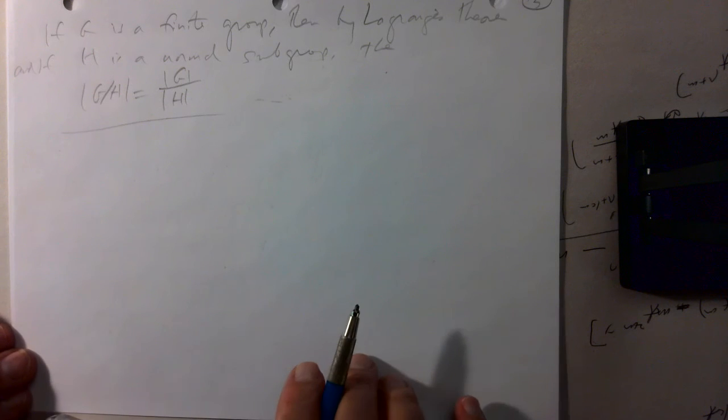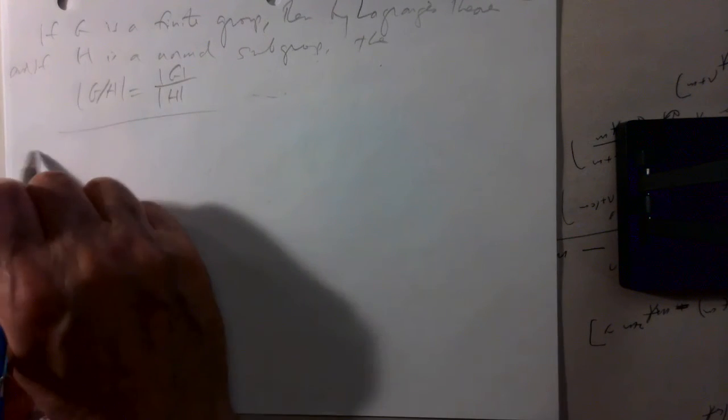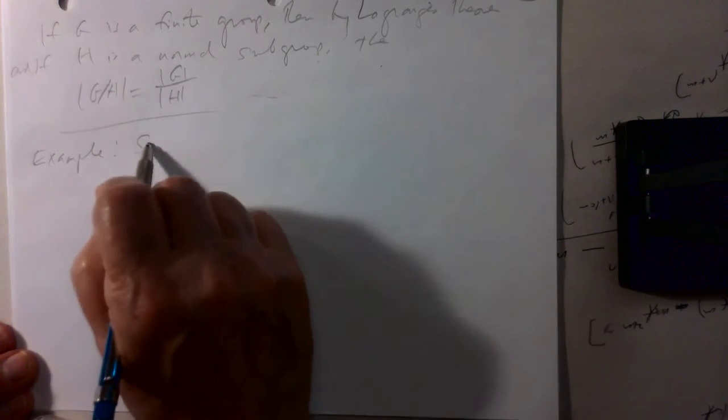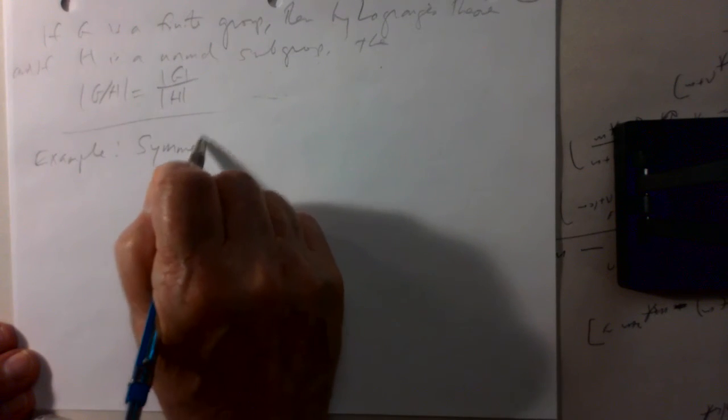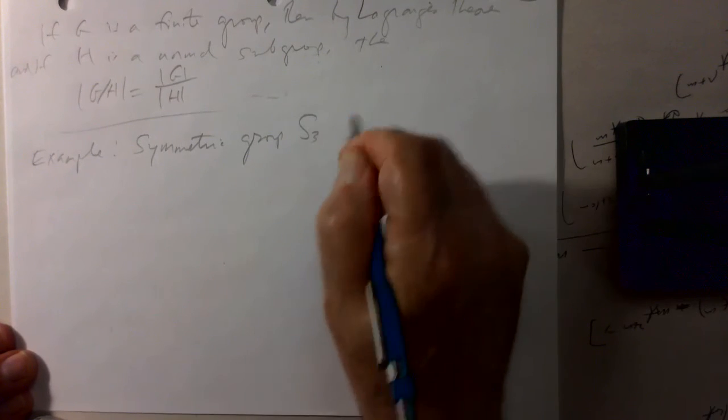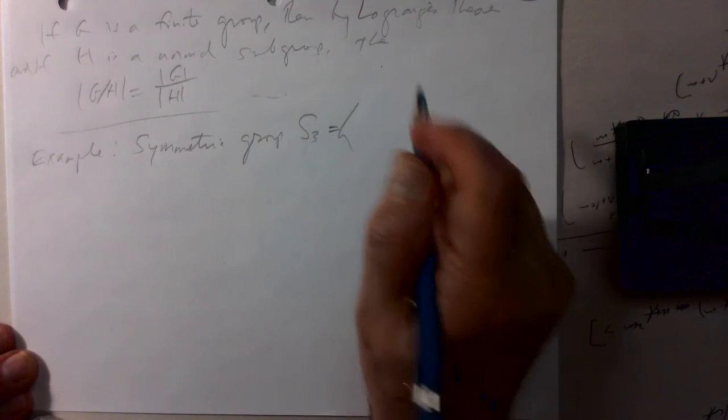What is a nice example of a subgroup of index 2? So suppose we take the symmetric group S3, which has 6 elements.